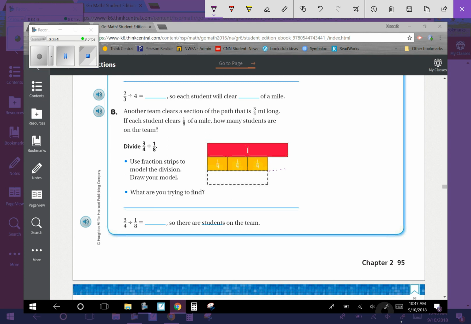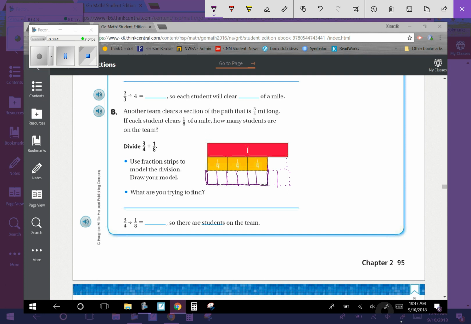again, if we think of this as a whole, even though we're only working with this much, because we're only working with 3/4, I have to think if I divide these into 8s, 1, 2, 3, 4, 5, 6, 7, 8.